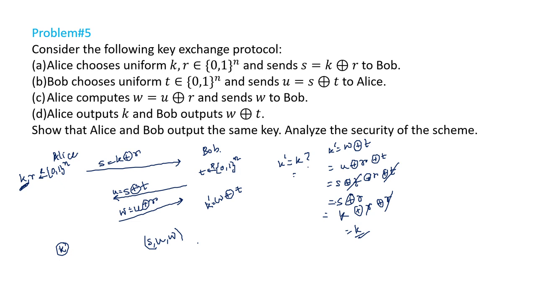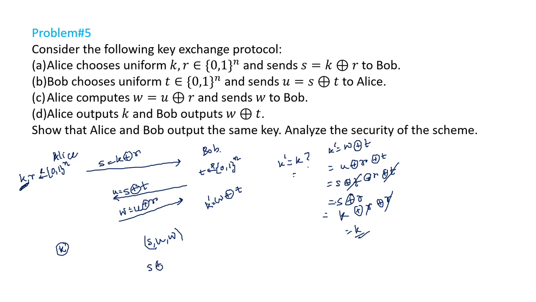For strong privacy, we say that the output of the key exchange protocol, that is the value of the key, should be indistinguishable from a uniform random value over the key space. Anyway, here we just have to see whether we can retrieve the value of key K from these three values in the transcript.